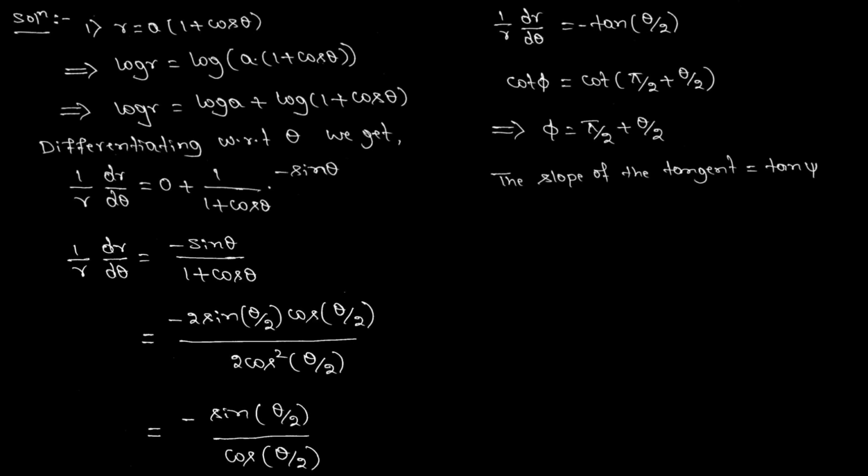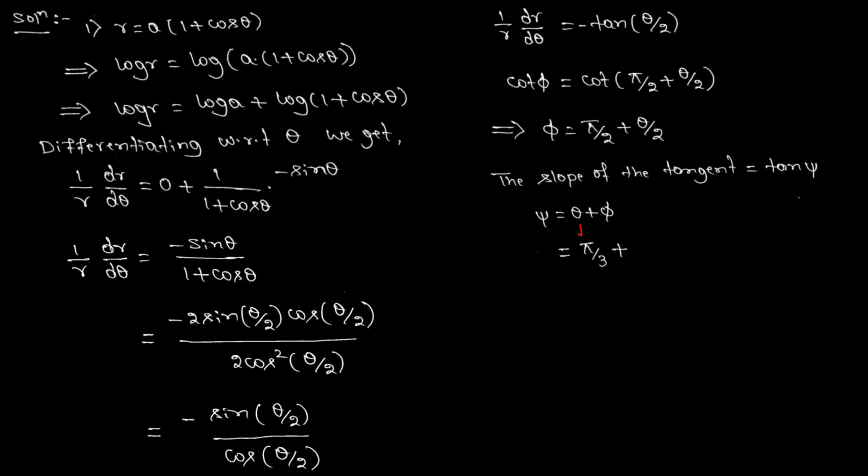Now we will start with the slope of the tangent. Slope of the tangent is tan psi. We know psi is equal to theta plus phi. Theta is already given in the question and we found what is phi. Let us use these.